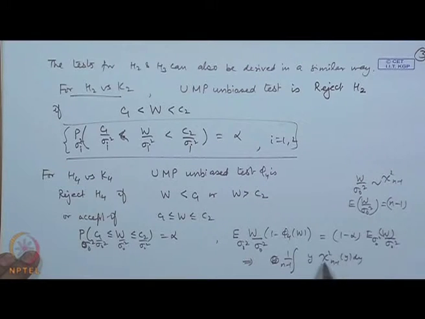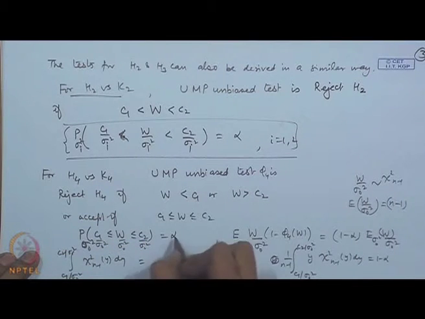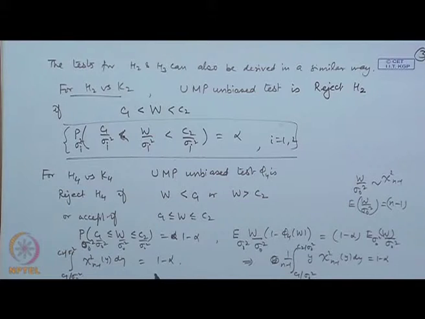This is the density function of a chi square variable on n minus 1 degrees of freedom from C1 by sigma naught square to C2 by sigma naught square is equal to 1 minus alpha, and this condition is actually equal to chi square n minus 1 density from C1 by sigma naught square to C2 by sigma naught square is equal to 1 minus alpha. So, these two conditions will give the value of C1 and C2.